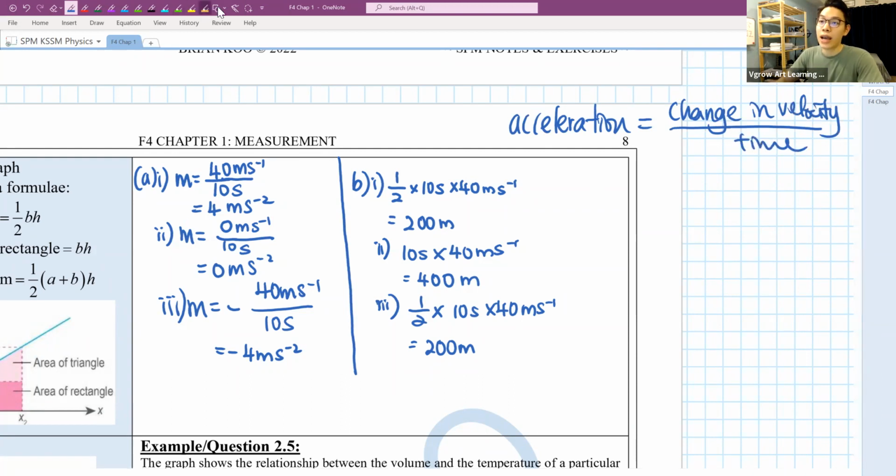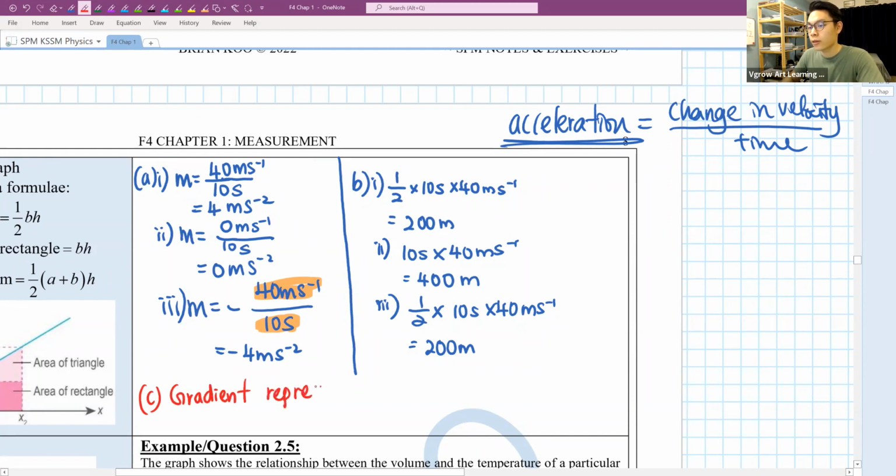This one we will learn more in chapter 2, so don't worry about the definition or the formula just yet. But I want you to see the unit only, and then you can probably know that the gradient represents the acceleration.